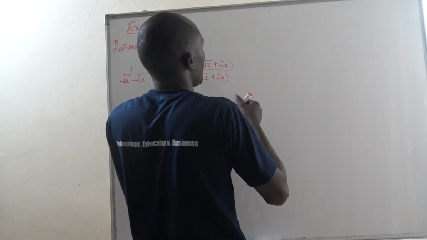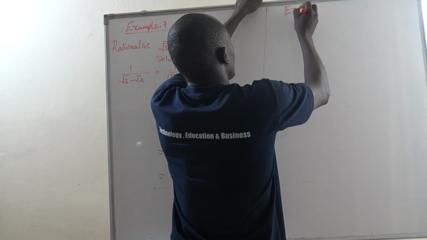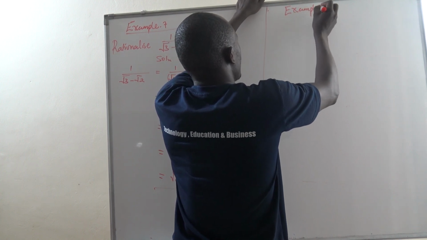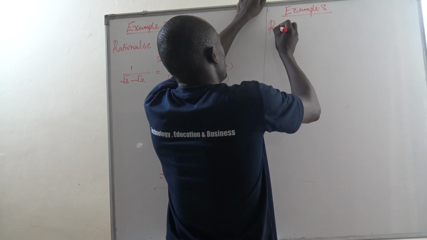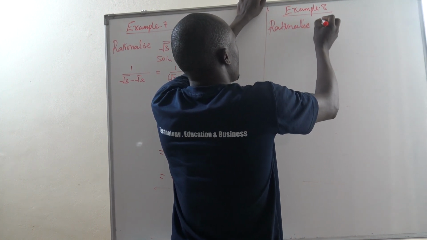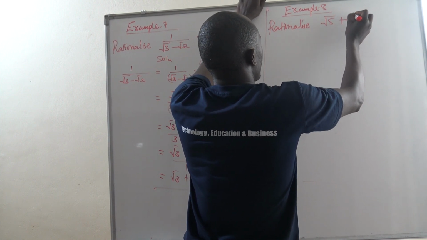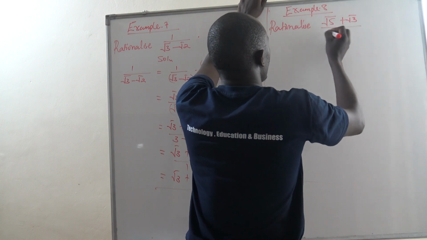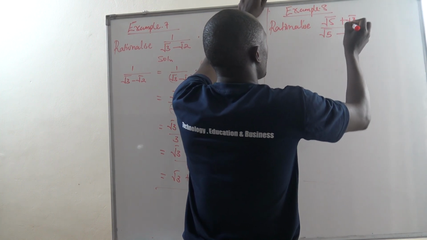Then another example goes, example 8. And I promised I'm giving examples. How many examples? I said 8. Example 8, that means it's the last one. Rationalize root 5 plus root 3 all over root 5 minus root 3.